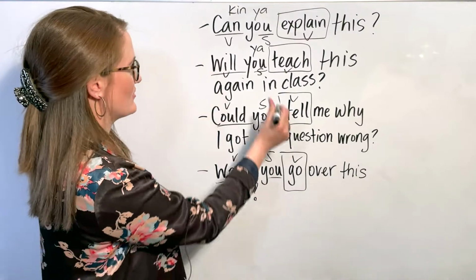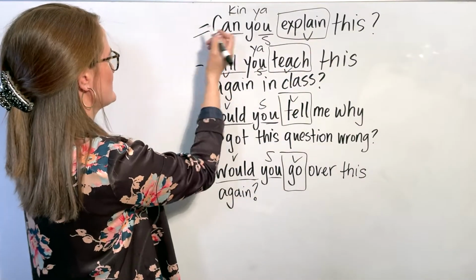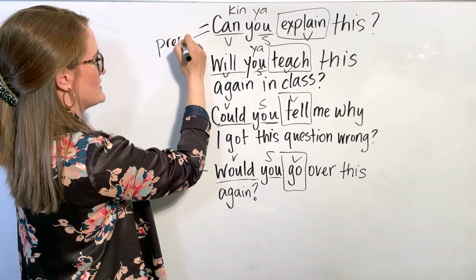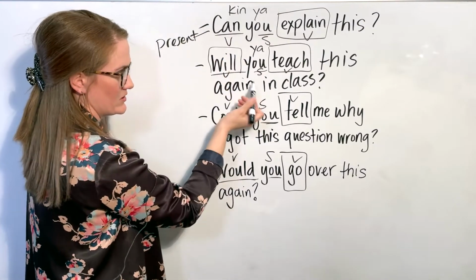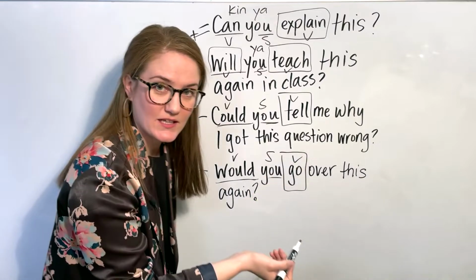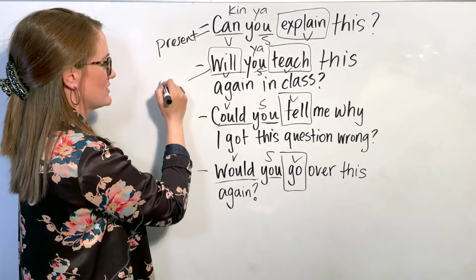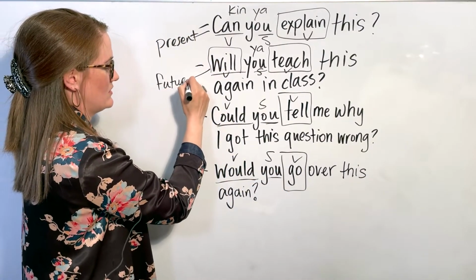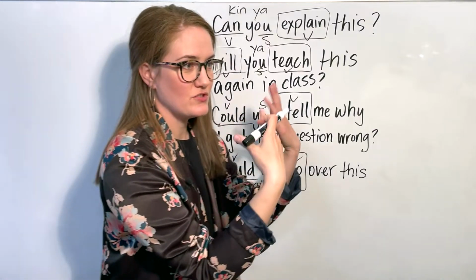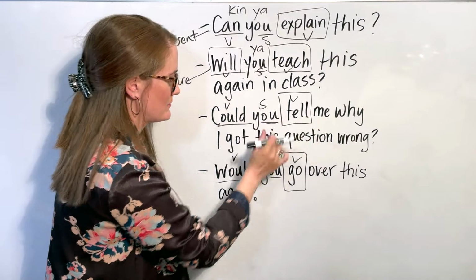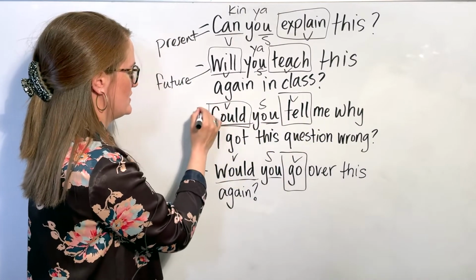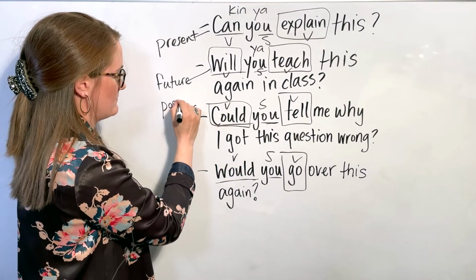Okay, so can you explain this? Let's look. This is present. This is right now. Will you teach this again in class? This one is actually future. I'm asking about a future event, right? Could you tell me why? Could is talking about possibility.